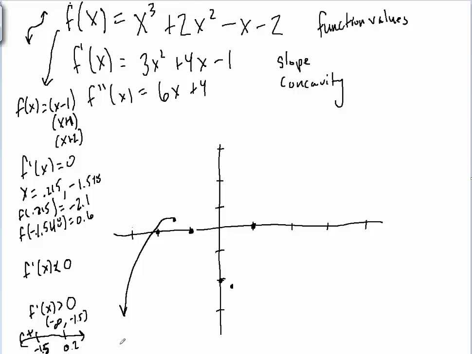And then if we look at this interval here using the sign test, say we use a test point of x equals 0, the first derivative equals negative 1. So slopes are negative, which means the function is decreasing.